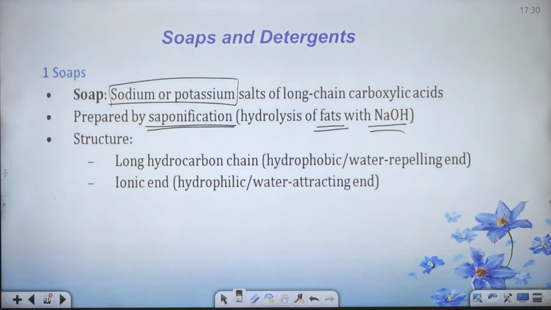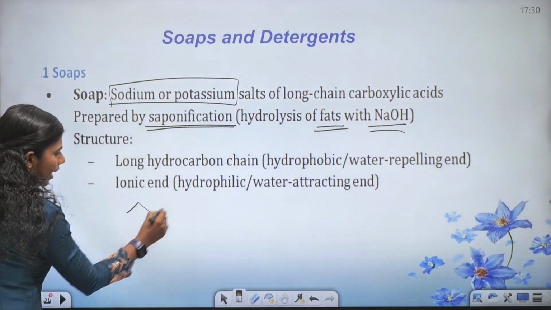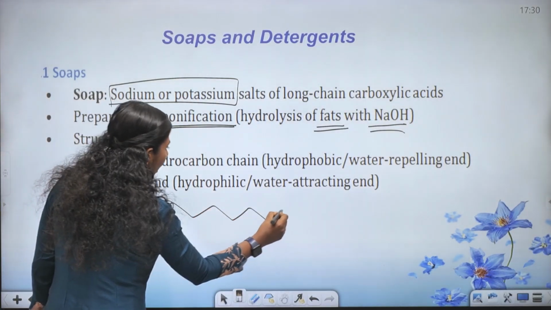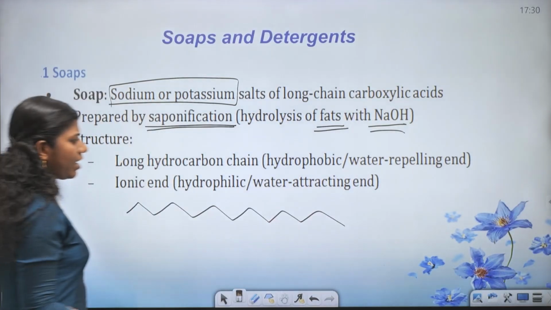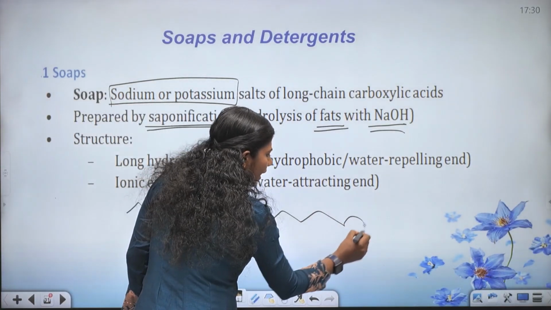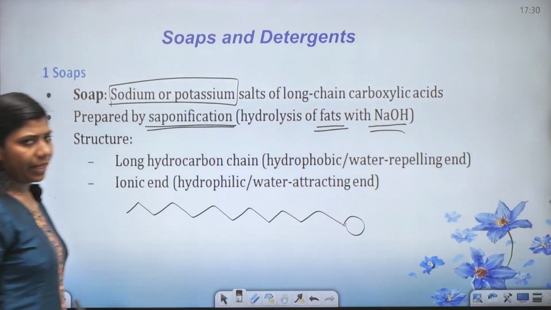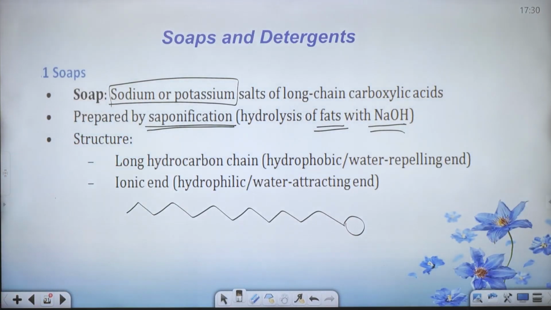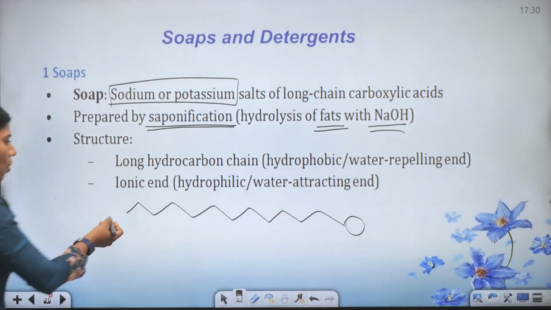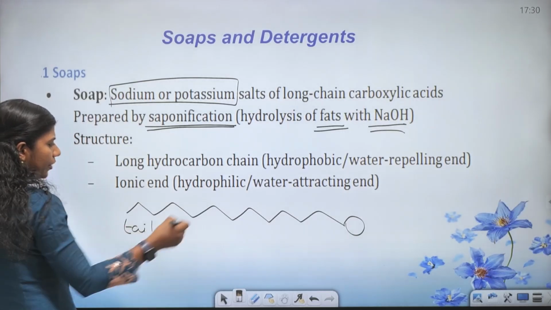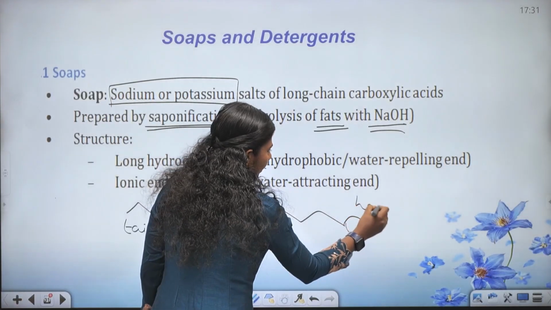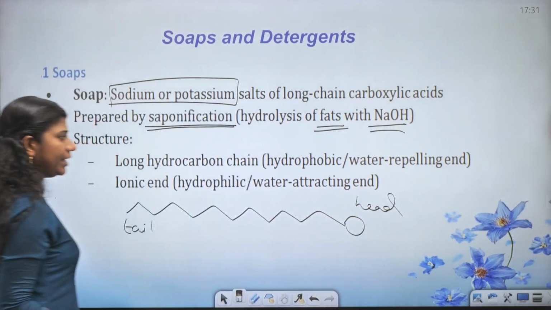Then next, structure of soap. Soap contains a long hydrocarbon chain and an ionic end. The long hydrocarbon chain is called the tail part and the ionic end is called the head part.